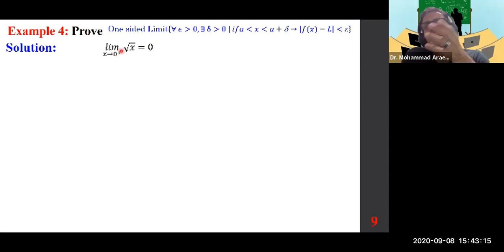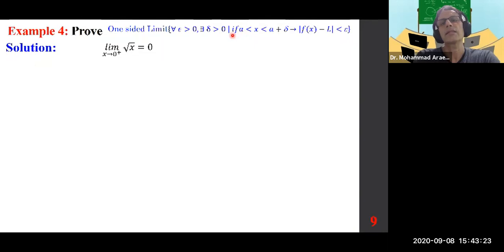If it were from the left, you would put here a minus delta less than x less than a. Okay, this would be a minus. So that's the concept. All right, so let's do the write out.